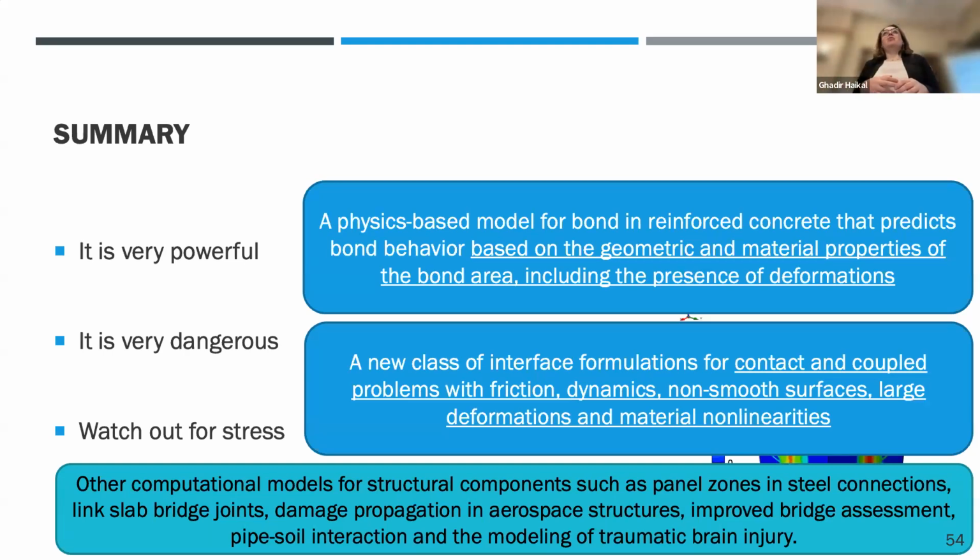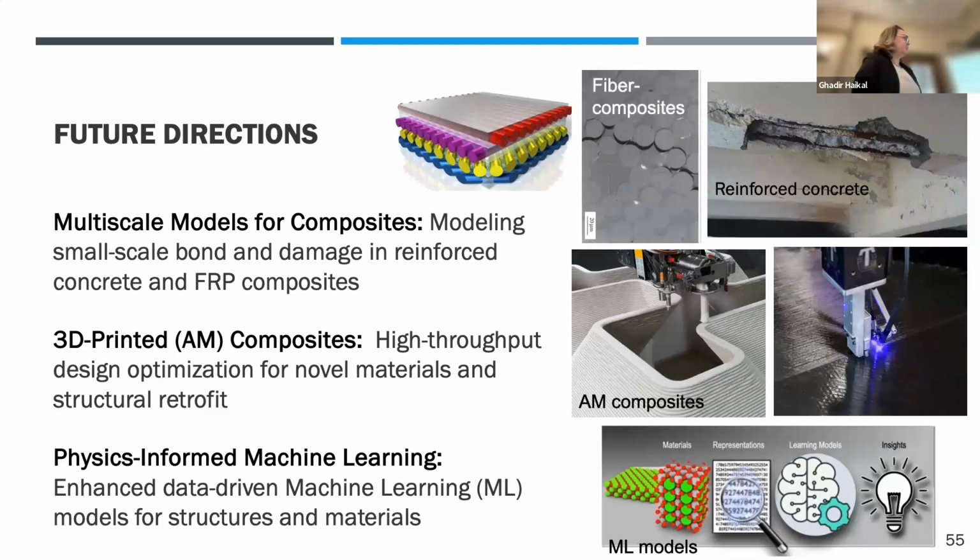I've actually been working with people in biomedical engineering to model brain injury, because again, that's a contact wave propagation problem, as are pile-soil interaction and models for bridge assessments. So here's a bit of a snapshot about future directions based on this work.